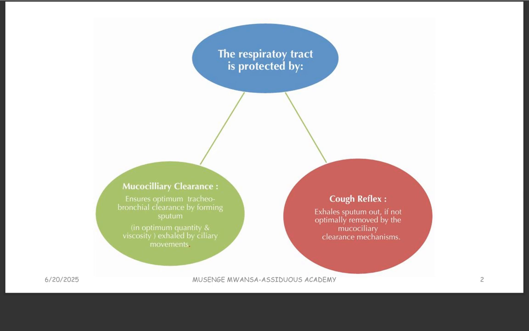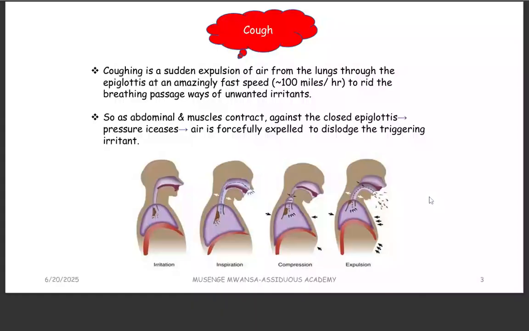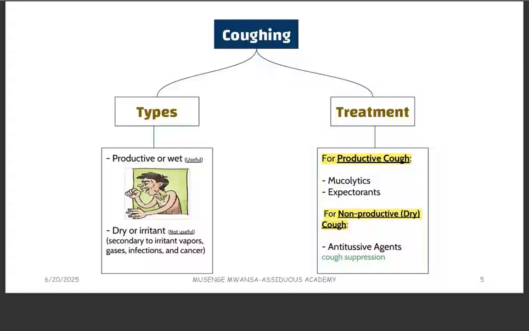So let's say there is dust. That dust is going to be trapped by the mucus, and then cilia will allow the mucus to start moving to be removed. But not all of it might end up being removed. The cough reflex is going to come in so that we can now push out everything. So that is what happens.